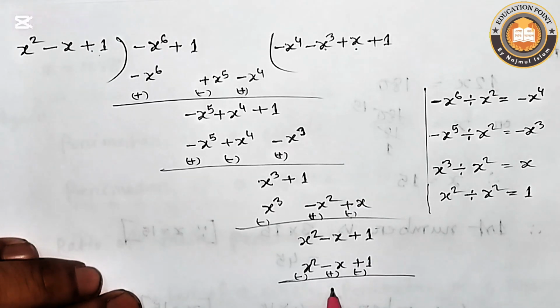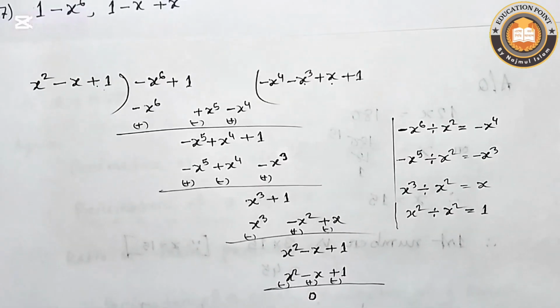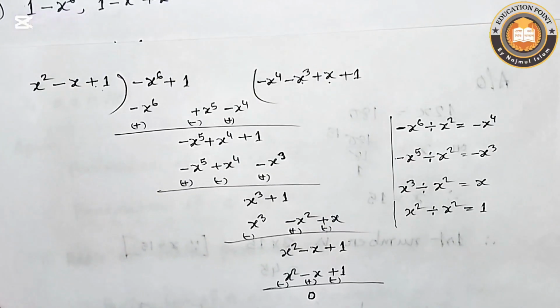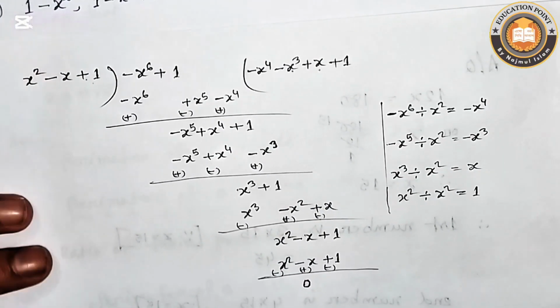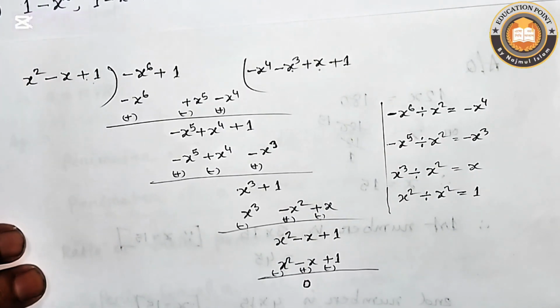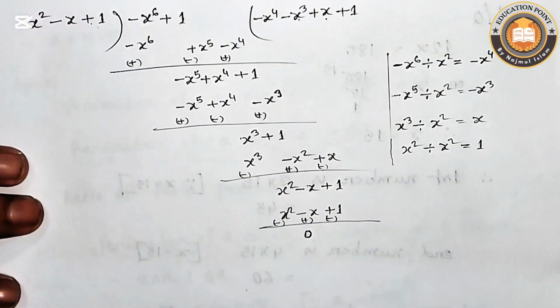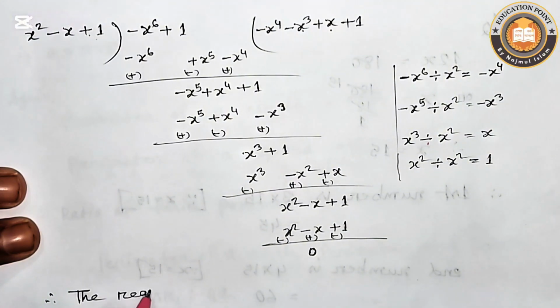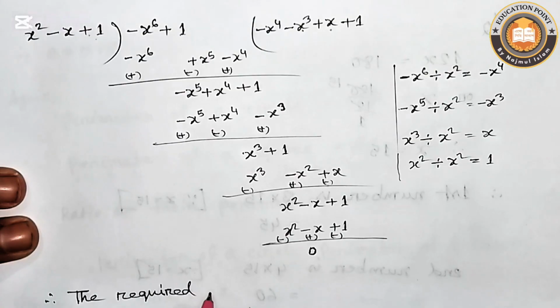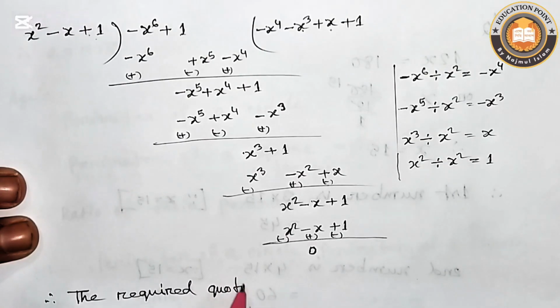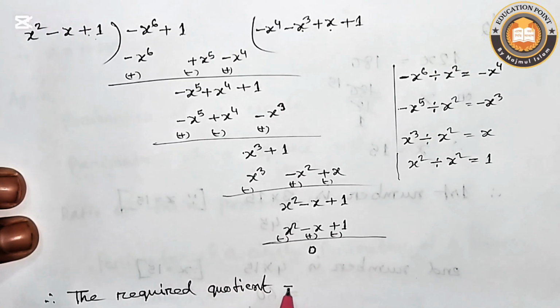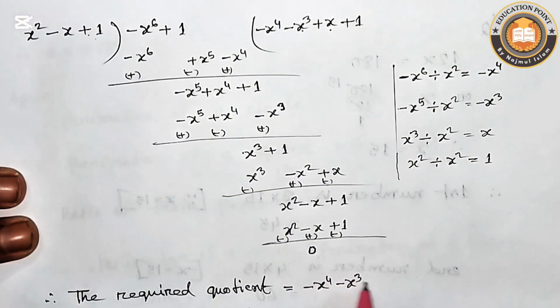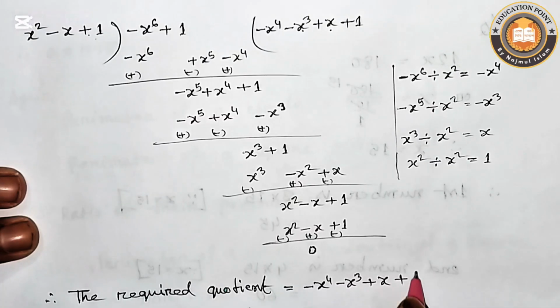Plus 1 minus 1 equals 0. So the required quotient equals minus x to the power 4 minus x cube plus x plus 1.